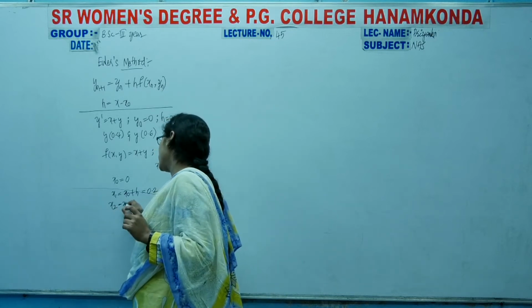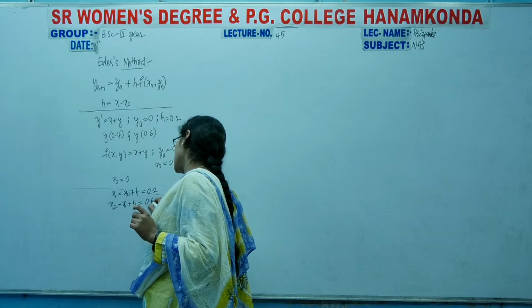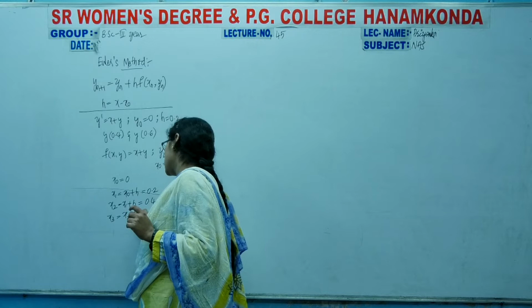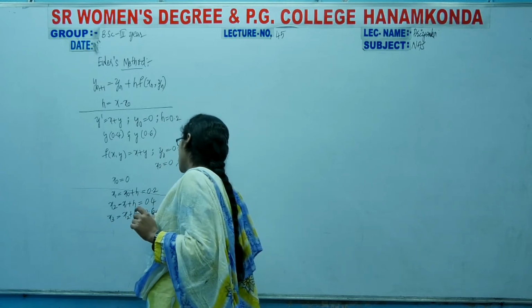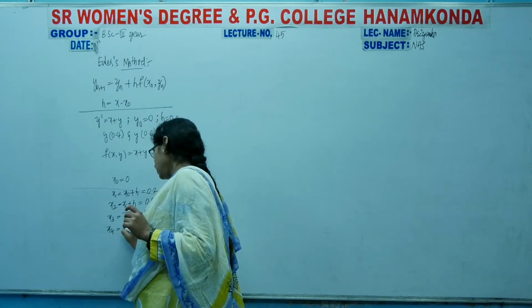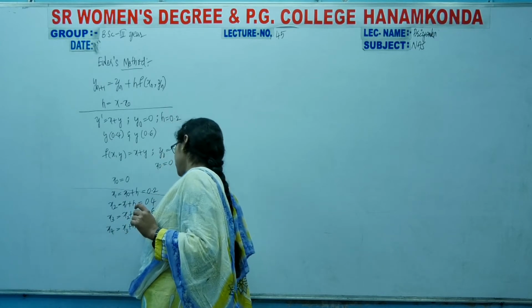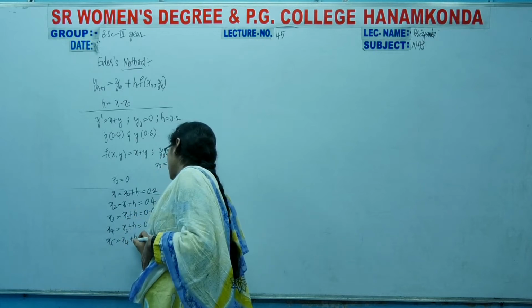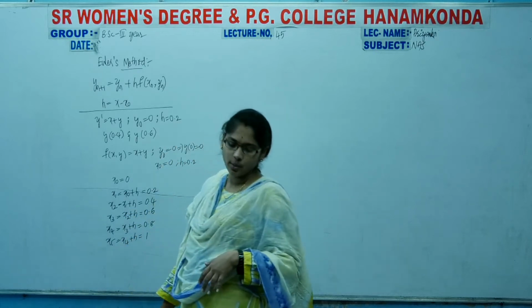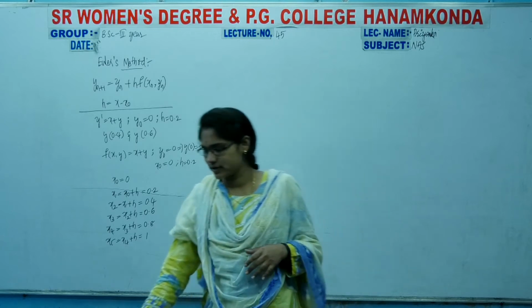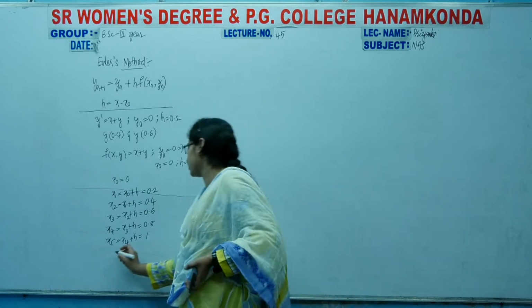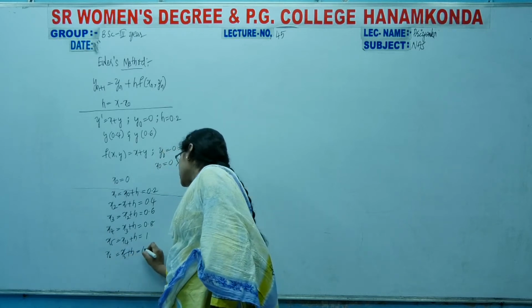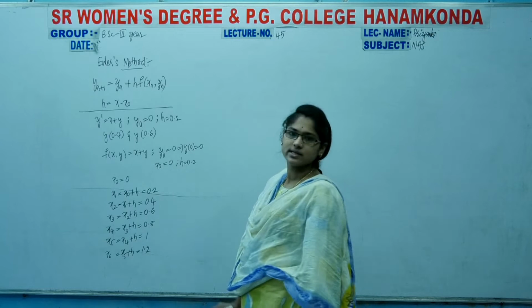Next x2 is equal to x1 plus h, 0.4. x3 equal to x2 plus h, 0.6. x5 is 1.0, after 0.8. x6, x5 plus h, is 1.2. These are the x values.